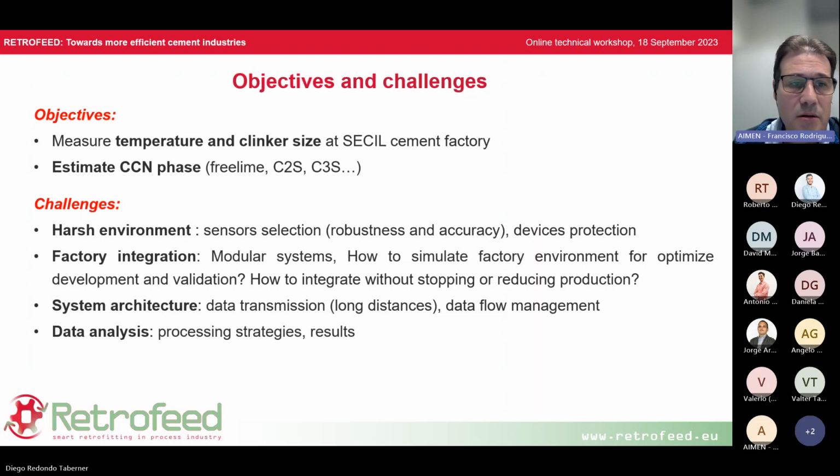The main challenges are to deal with a harsh environment, and I will explain why it is so harsh, factory integration factors, and how to deal with that, how we can make a modular system, and integrate and optimize all the system that has been developed. I will also give some ideas about system architecture and data analysis.